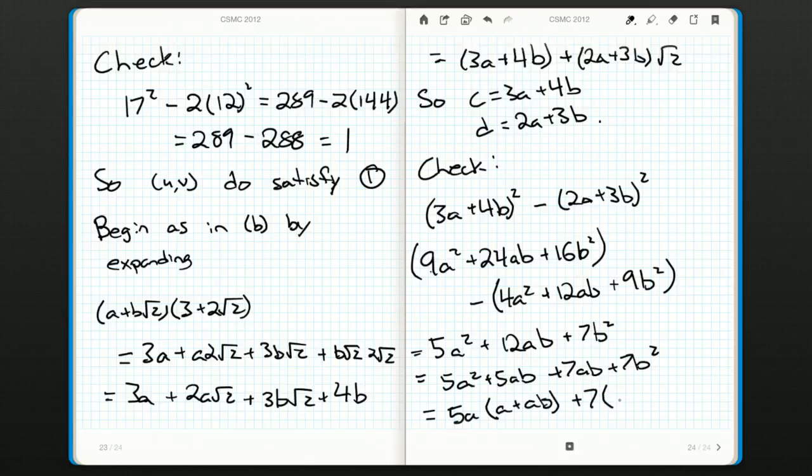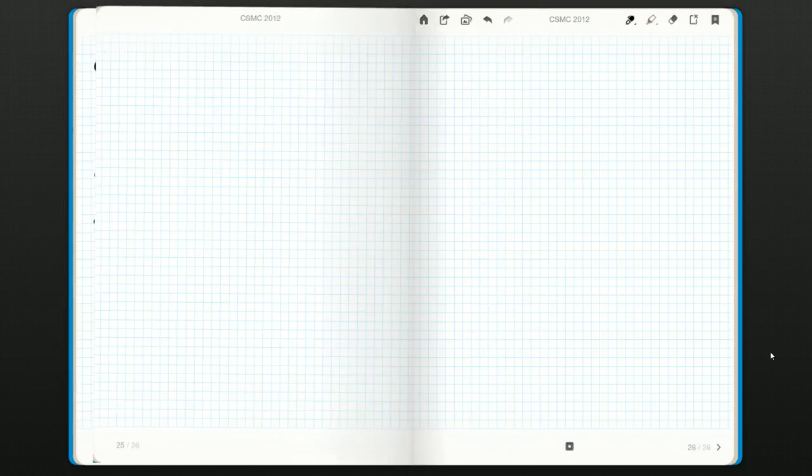And then we get 7b times a plus b. So now we have a factor of a plus b in each of these. Okay. Still want to show that this is equal to 1.